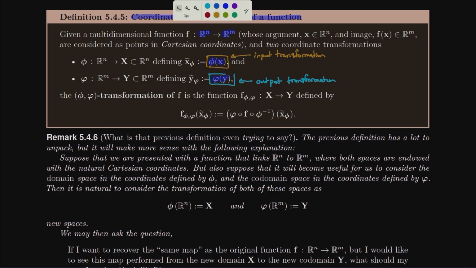We could transform R^n as the input, and we could also transform R^m as the output, and those transformations don't necessarily need to agree with one another, but we do need to figure out, if we are going to transform them, how should the function f change? Well, the function f changes if we change both the input and the output as the following. We call it f phi, and then that's another phi. They're both versions of phi, but f of the first phi, comma the second phi, so we keep track of those transformations. Well, it of course modifies the new coordinate system for input.